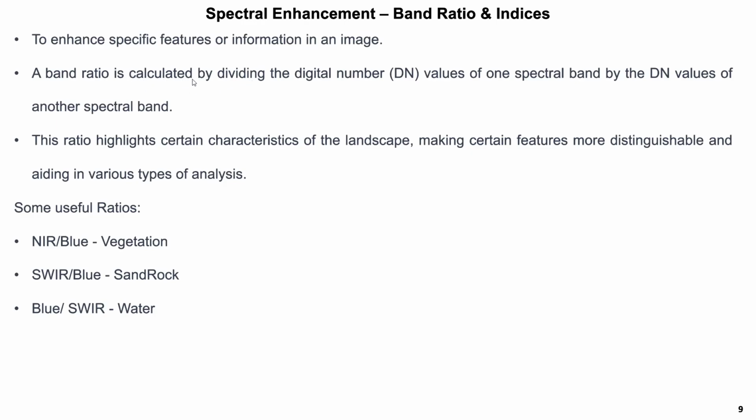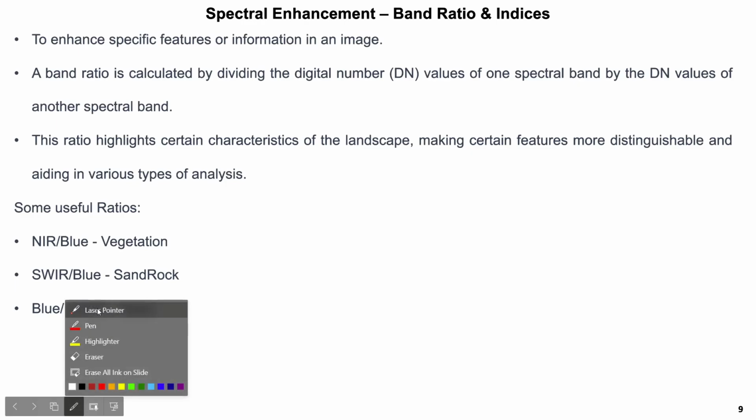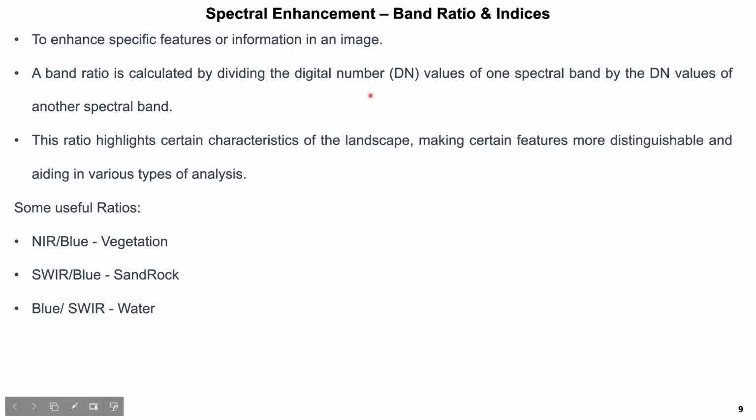Band ratio is just dividing two bands, let's say band 2 by band 3. It is just an arithmetic value. We will divide both the digital numbers and then find a ratio, and this ratio can highlight certain features.